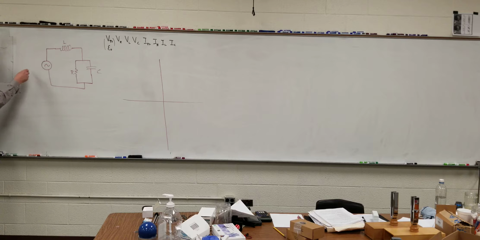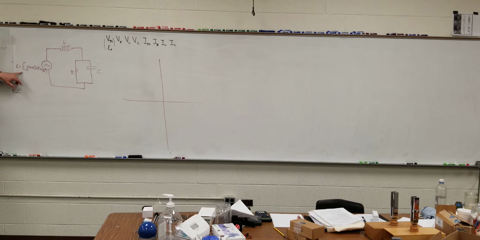So we have some function here that my potential for the power supply is equal to some amplitude times the cosine of omega t plus phi. It's a generic equation. For our outlets, omega is somewhere around 370, I believe, radians per second. Phi depends upon what point you start the clock.